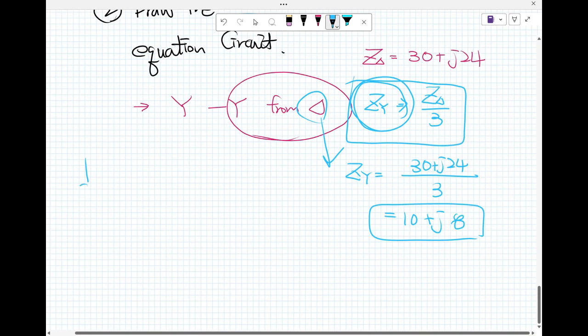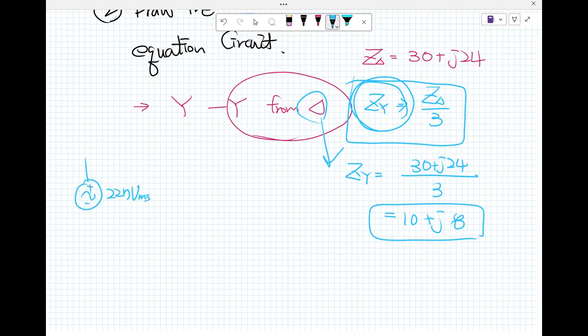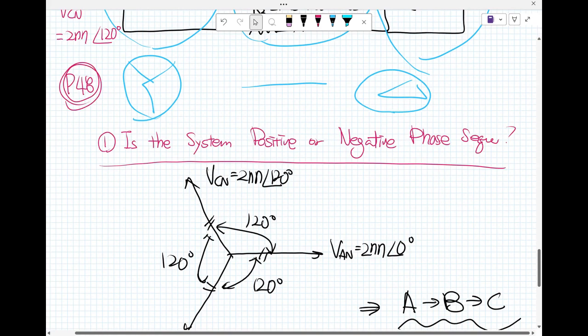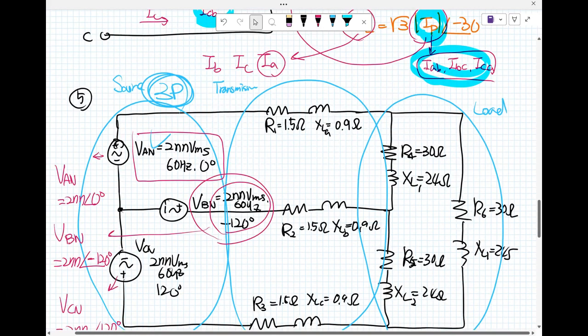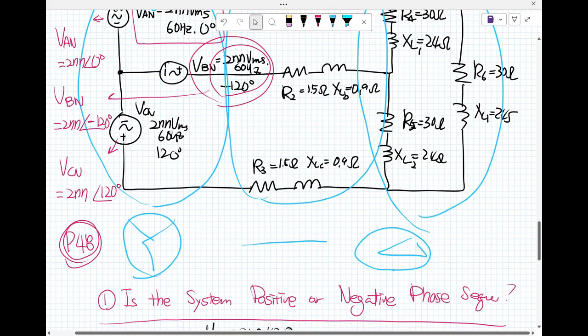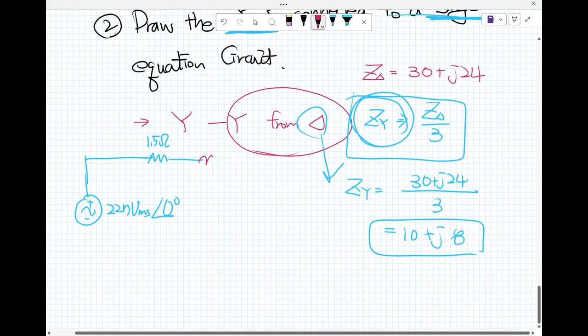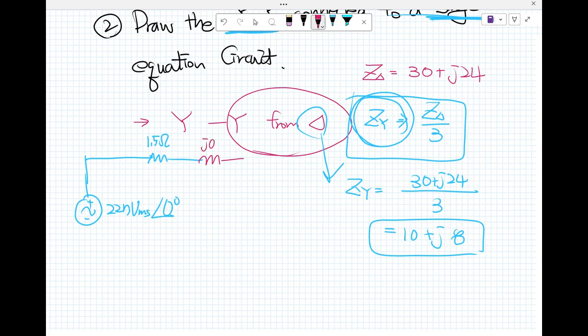So we can draw the single phase like this one: 227 V sub RMS at 0, a transmission of 1.5 ohm here, J0.9 ohm here, and 10 ohm here, and J8.